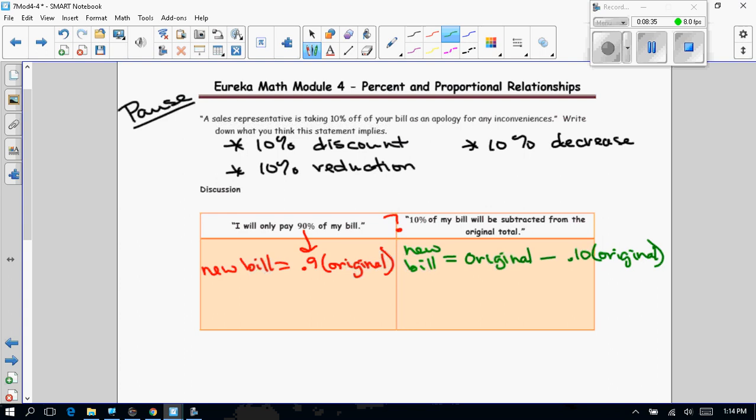Well, let's take the one on the right-hand side and mess around with it, because the other one's pretty straightforward. The original bill is 100% of the bill, right? The whole thing. So I could think of this as, let's use B for original bill. Our new bill is going to be equal to 1 of the originals minus 0.10 of the original bill.